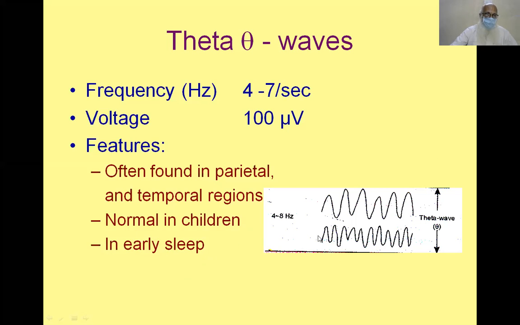So you can see the amplitude is increasing, simultaneously the frequency is decreasing. And this is also an indication of a lesser excitable state. Obviously, this kind of waves will start appearing when you are going to sleep, early sleep particularly.